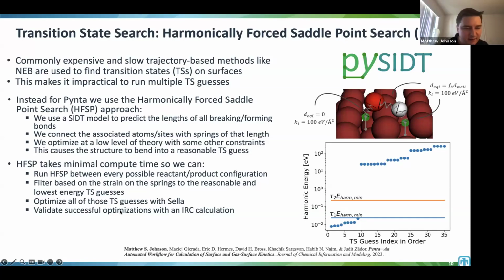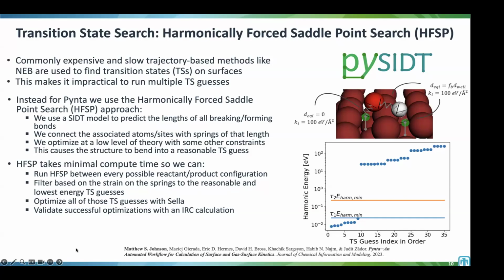Seth? Yeah, real quick question. I was wondering how easy it would be to interface Pynta with a machine learned potential like from the Fairchem project. Yep, excellent question. We've done that. We've worked with OCP. We've worked with DeepMD Kit.